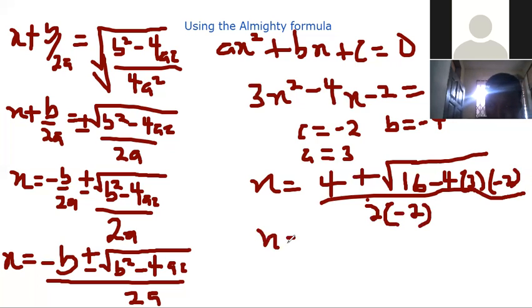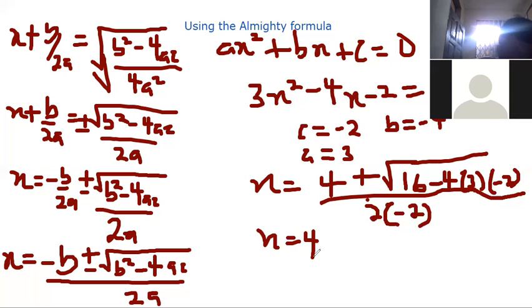So you can use your math. Two times a, and a is 3, not negative 2.